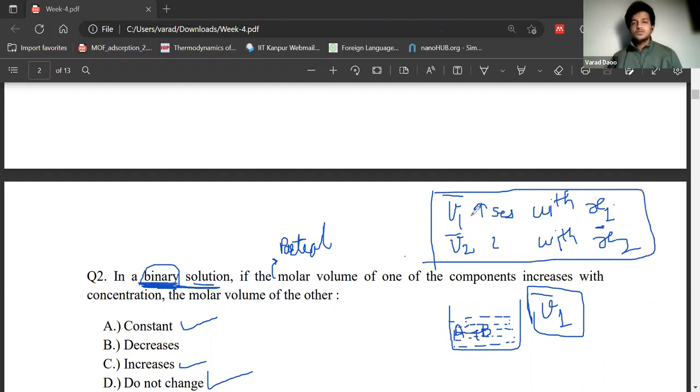One hint which I will give is, V1 bar is increasing with x1, right? That means dou V1 bar by dou x1 increases, right? Sorry, no, x1 is increasing, right? That means it has to do something with this. It is going to be positive, right?